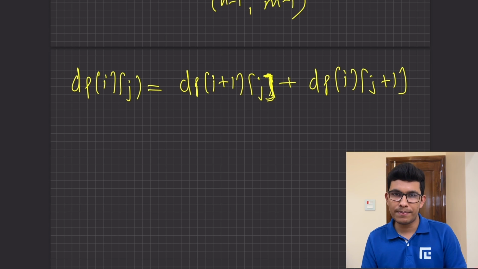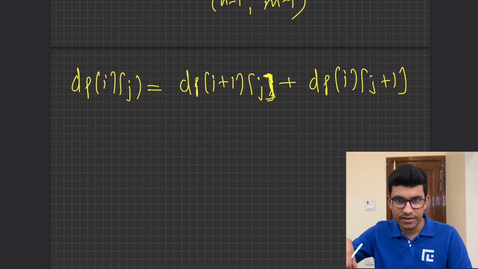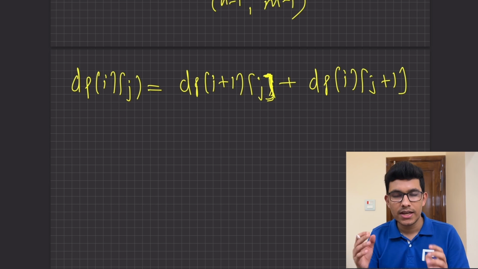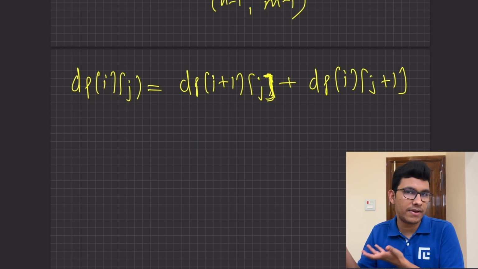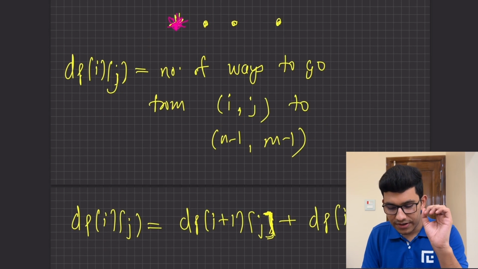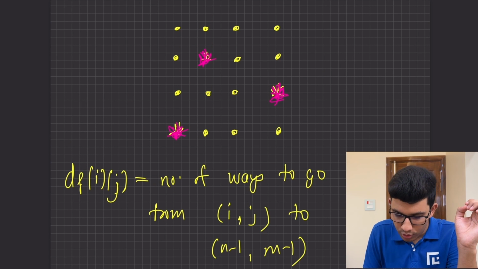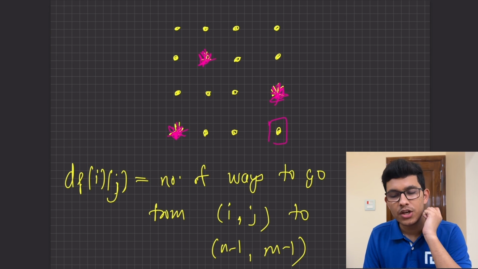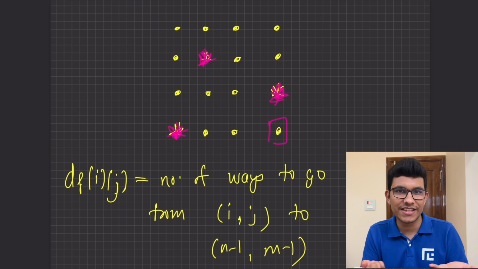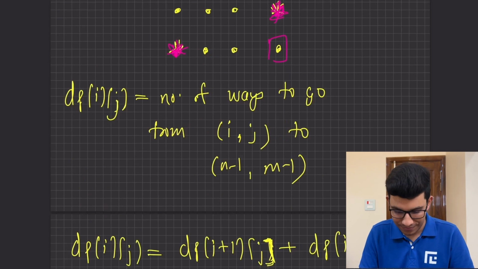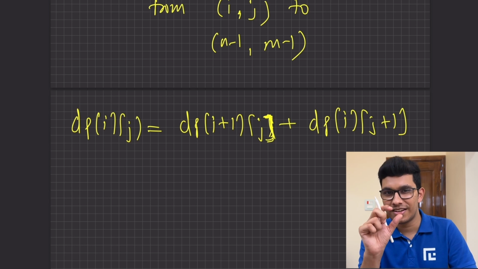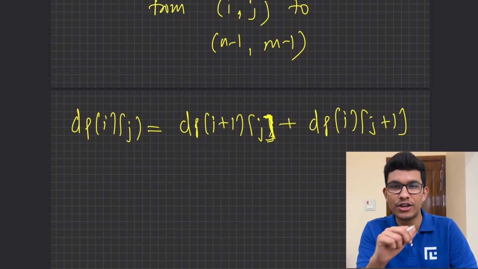Now, in terms of the base case, it is obvious. Once you reach the end, when you reach n minus 1 comma m minus 1, the number of ways to go from n minus 1 comma m minus 1 would be just 1. But obviously one caveat here is that the last cell could also have an obstacle. So if it has an obstacle, then we'll just say that dp of n minus 1 comma m minus 1 is equal to 0. And obviously here the only coordinate that is given to us is n.